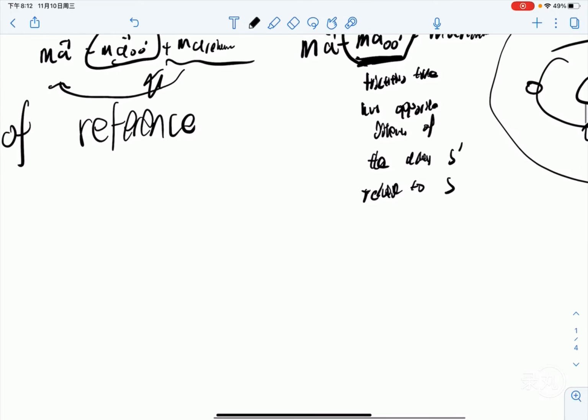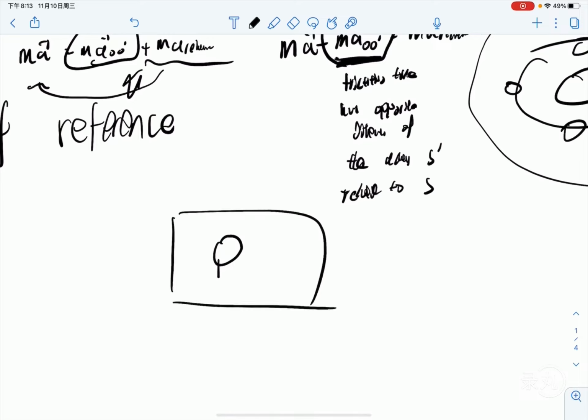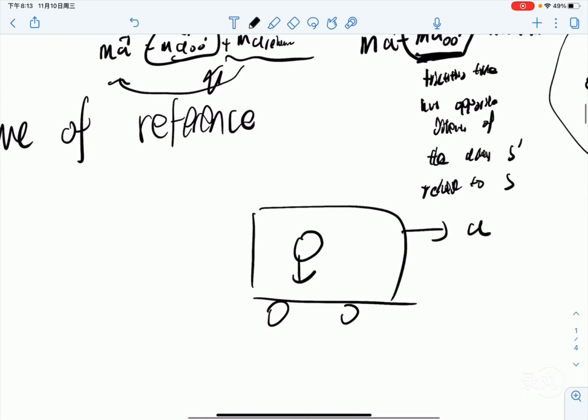So basically, if here's an apple, and we drop it from the car, and we want to describe it in the frame of the car, we just put an inertia force on it.